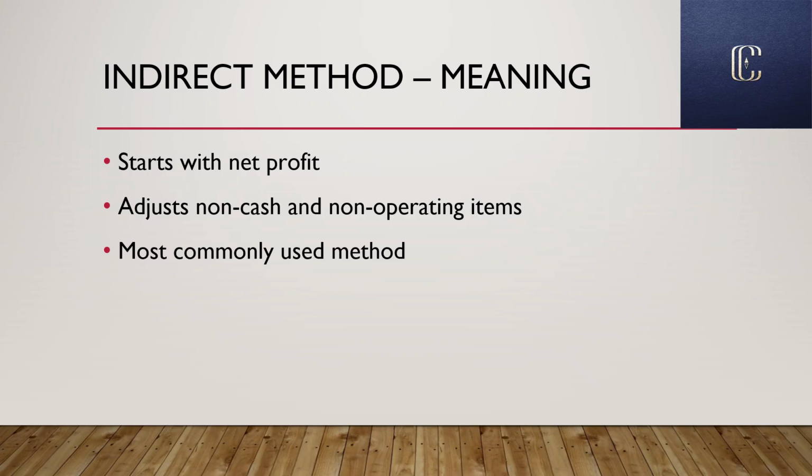Non-operating items are not related to the main business, like profit on sale of asset, loss on sale of machinery, interest received, and dividend received. These are removed from operating profit because they belong to investing or financing activities.